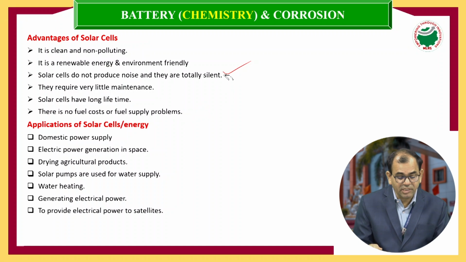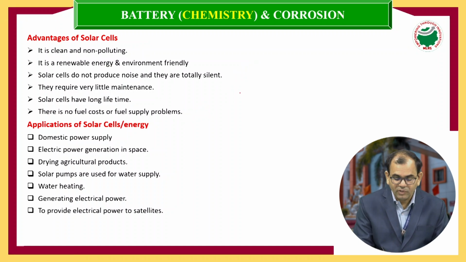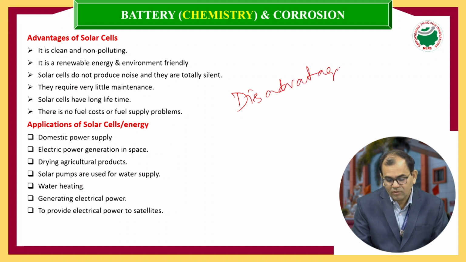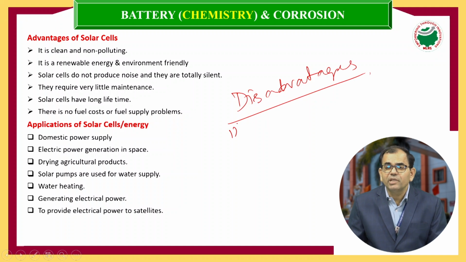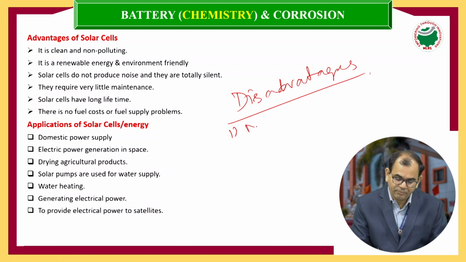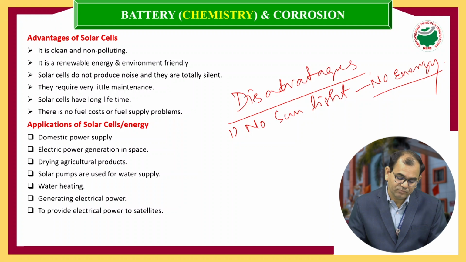Now let us see some of the disadvantages. Number one, if there is bad weather, cloudy, no sunlight, no sunlight means no energy. The solar panels are not working.